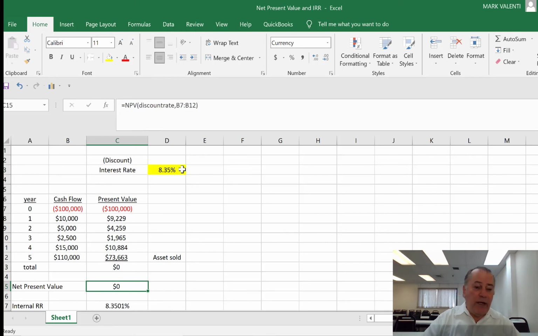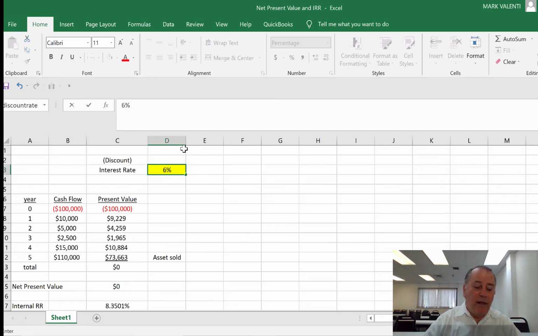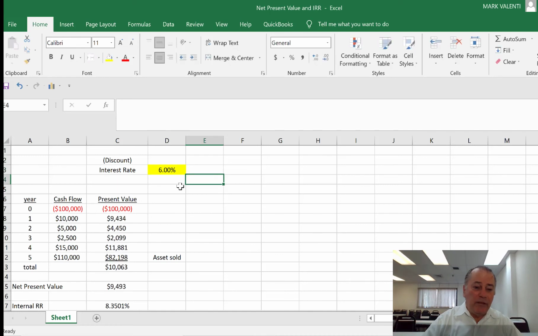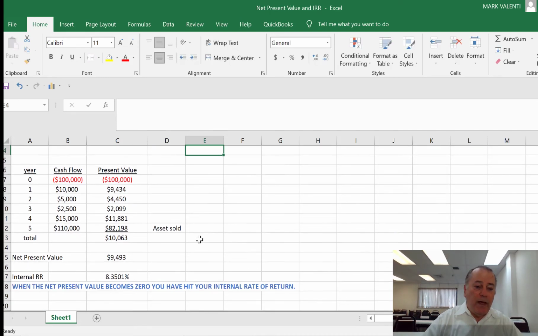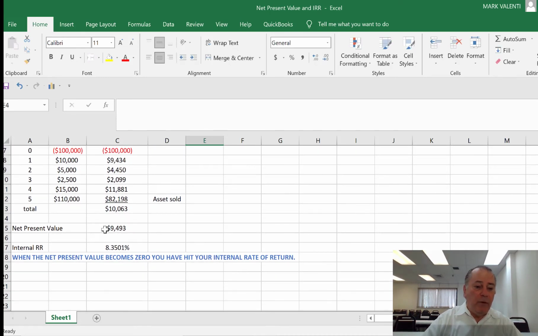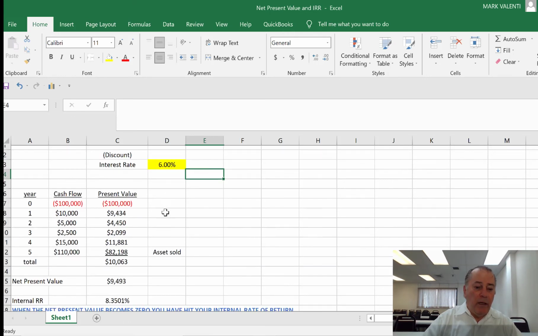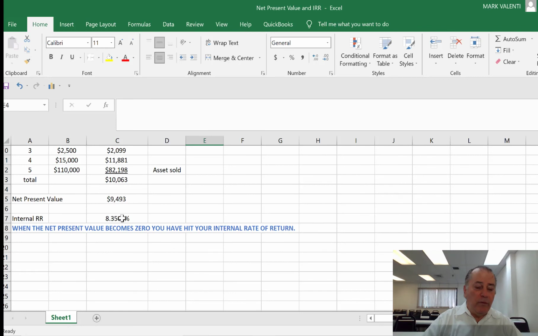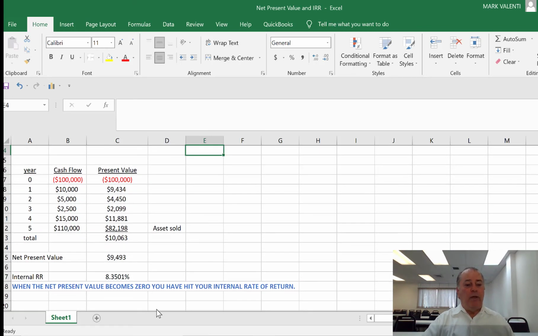So if I already had, again, I'm going to change this to 6%. If I already have an investment that's 6%, I can come down here and realize that I'm doing better with an internal rate of return. That's 8.35. We're looking for this net present value to come out to, as I said, 0.